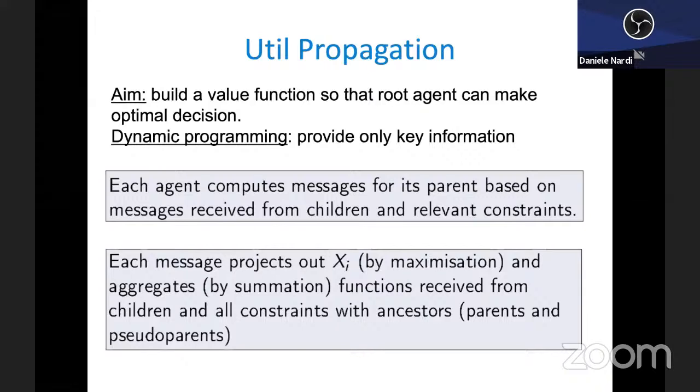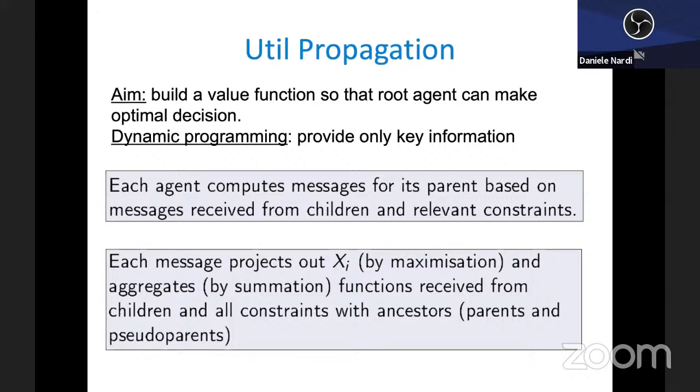Okay. So we have this notion of separator, and then with this notion we can start defining the second phase, which is the utility propagation. As I mentioned earlier, this phase aims at providing the root with enough information so that the root can make an optimal decision concerning its own value.